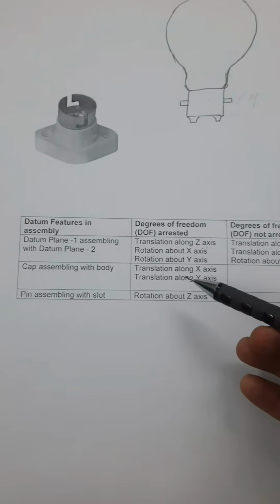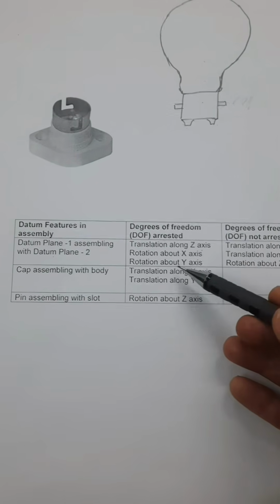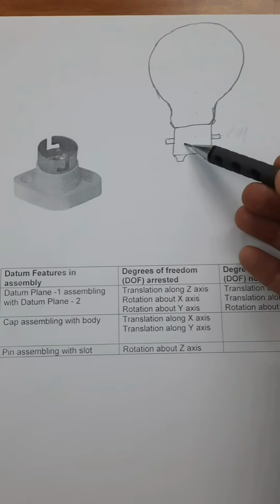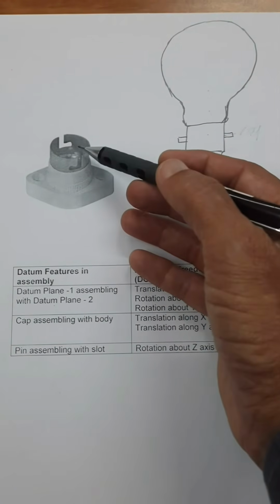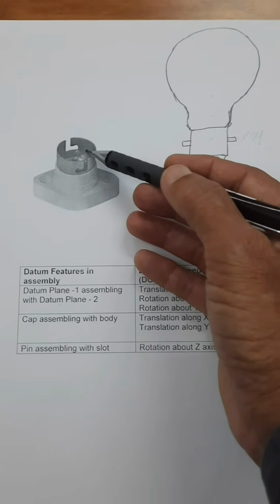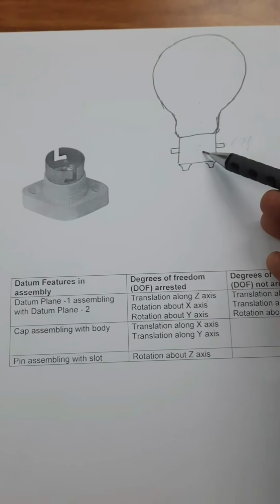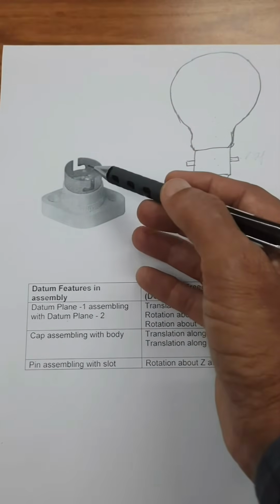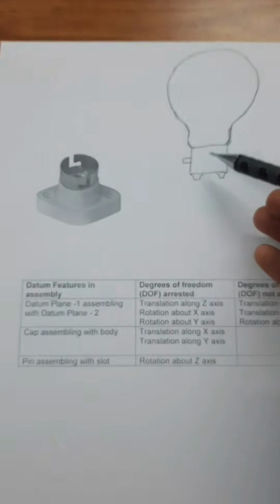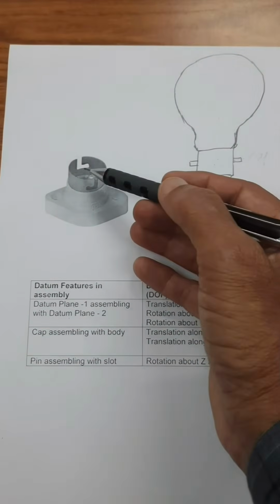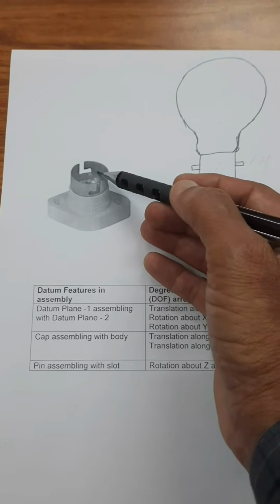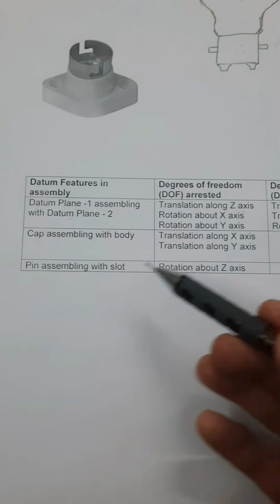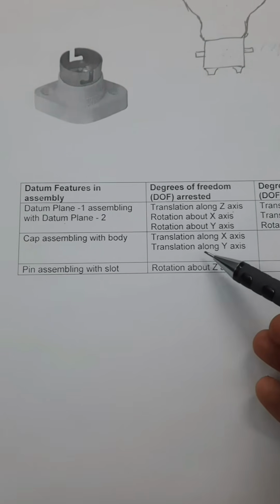In order to arrest some more DOF, we have the cap assembling with the body on the bulb holder. So this cap is a cylindrical member. On the body we have a cylindrical hole. So when this cap is assembling with the hole on the bulb holder, how many DOF are getting arrested?